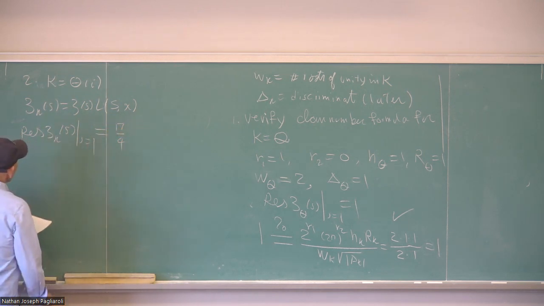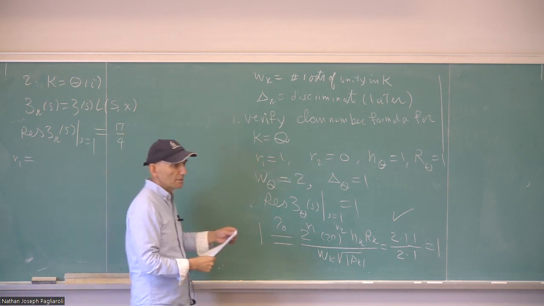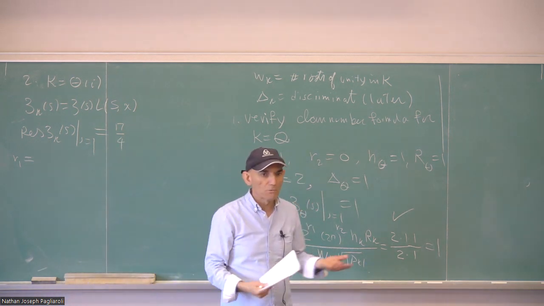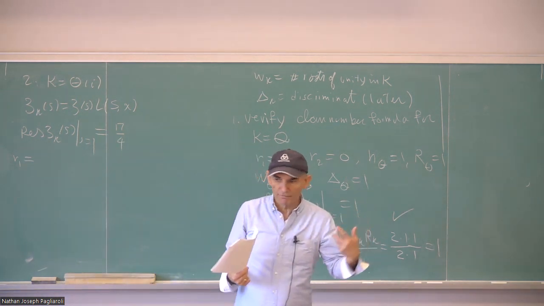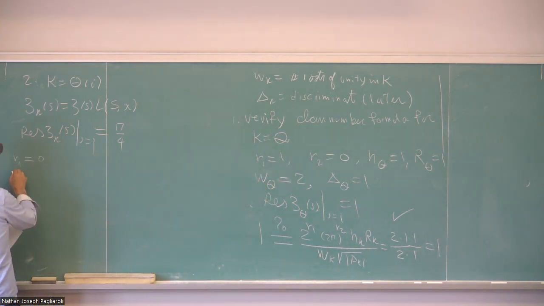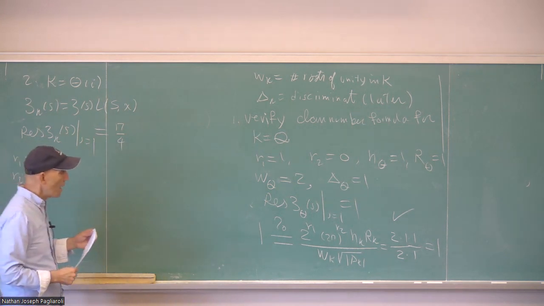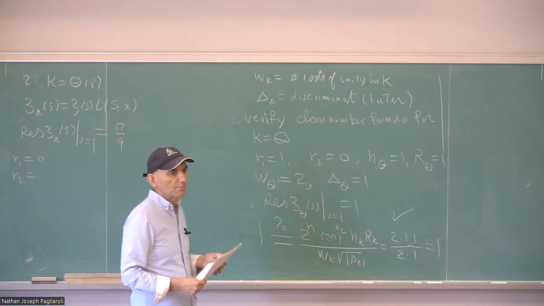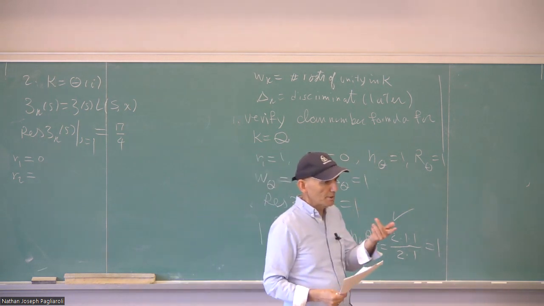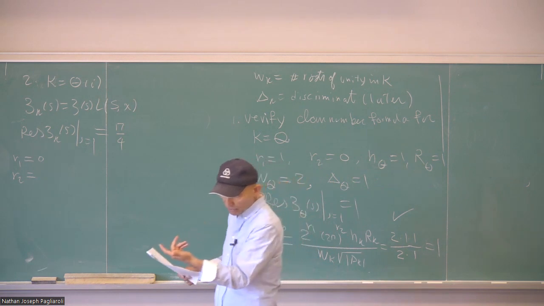Now, in this case, R1: how many real embeddings does this field have? None, because it's a complex field, so it has no real embeddings. But what about R2? It is the number of complex embeddings divided by 2. There are 2 complex embeddings, a plus ib and a minus ib, the standard one and the conjugate.